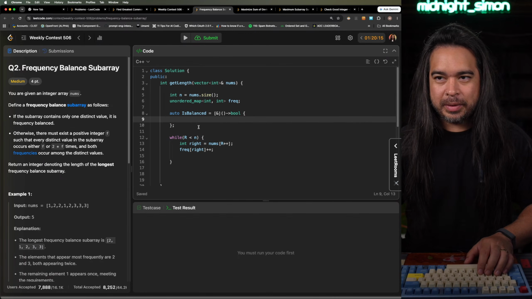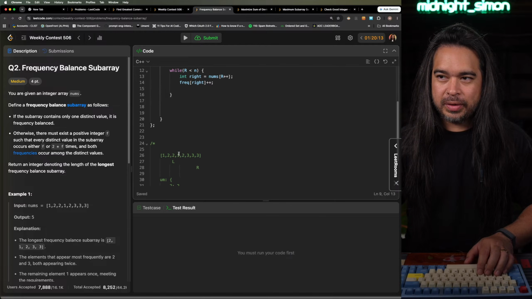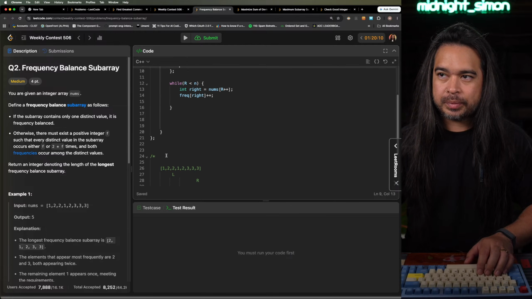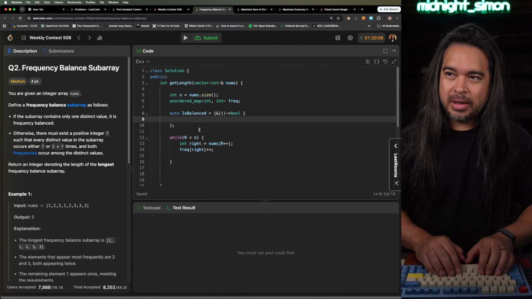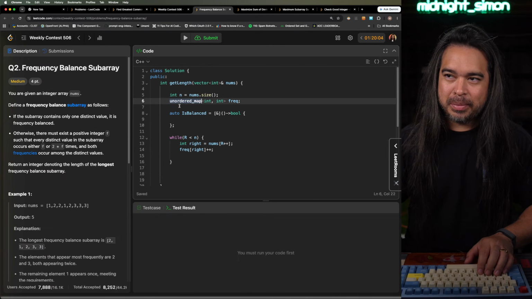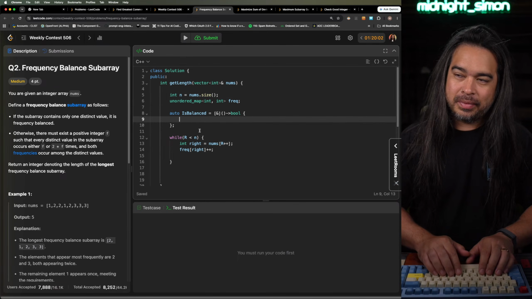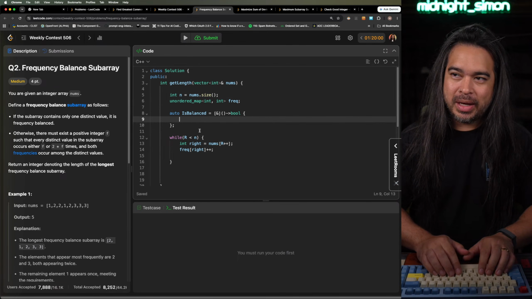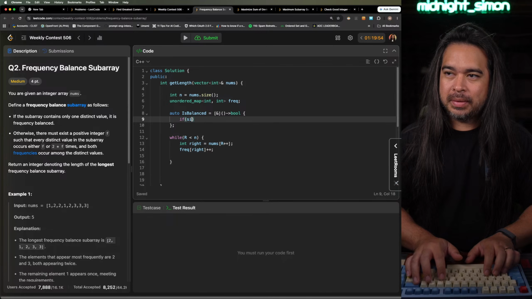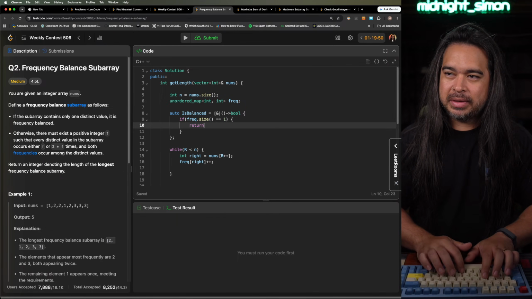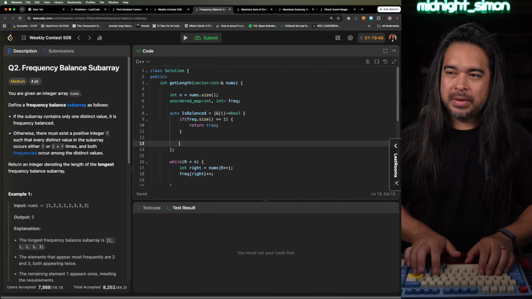And how am I gonna know if the window is good? I guess if the size of the frequency map, this should really be a multi-map, but I just have old bad habits of using a regular unordered map. So if it only has one element in there, I'll say it's good.